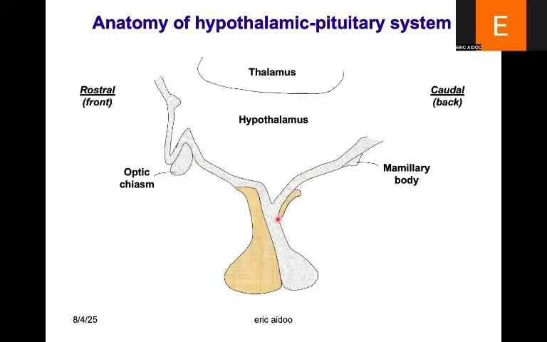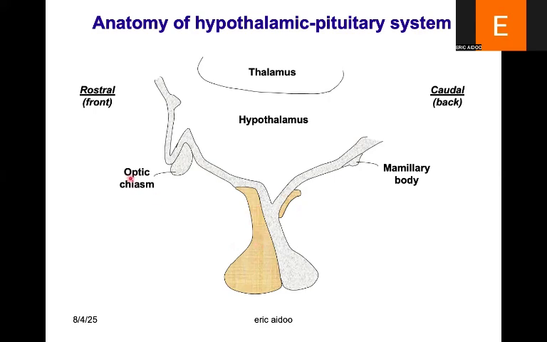So that again is the posterior portion, and it is in continuation with the rest of the brain, i.e. the hypothalamus. Okay, that is the mammillary body, and that is the optic chiasma or chiasm. And it is important to use these as landmarks to note which orientation you are looking at as far as the pituitary is concerned.